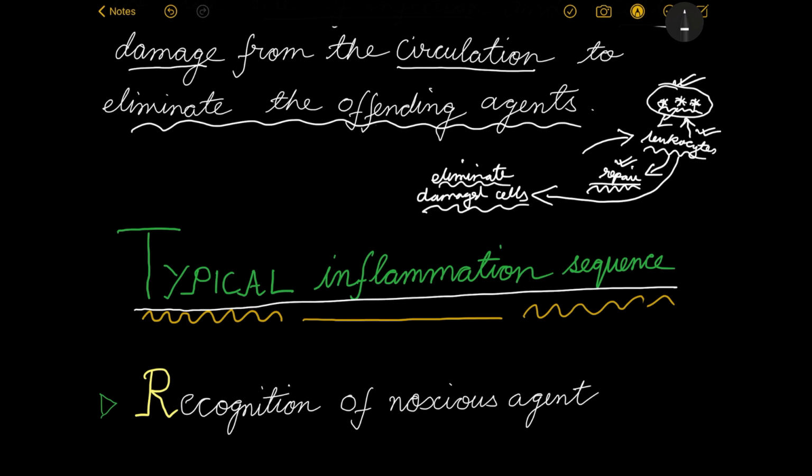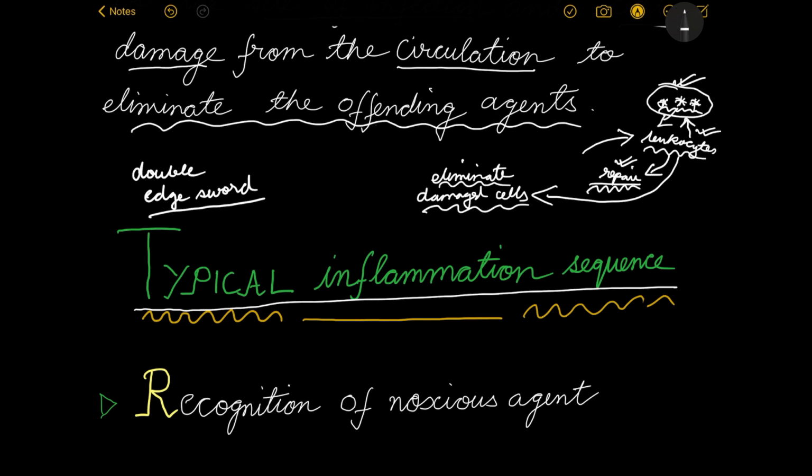So it is kind of a double-edged sword. On one hand, you need inflammation for doing all the useful things of inflammation, but on the flip side, the host tissues also get injured in the inflammation process.